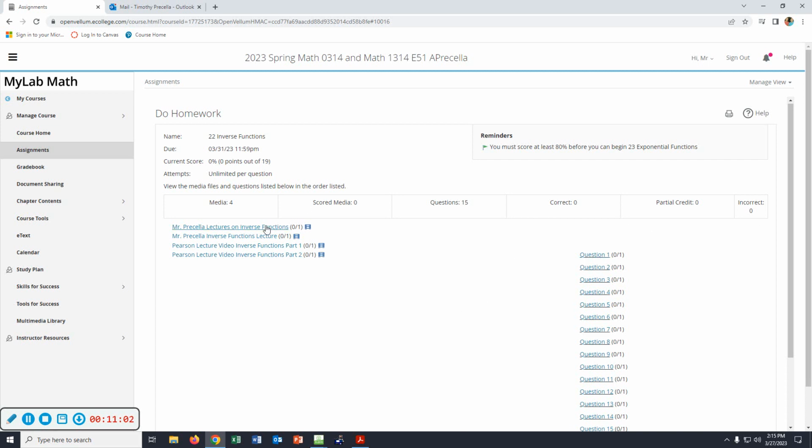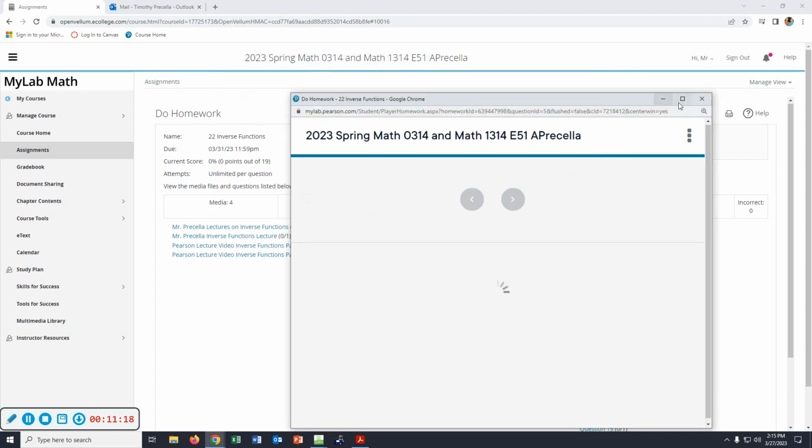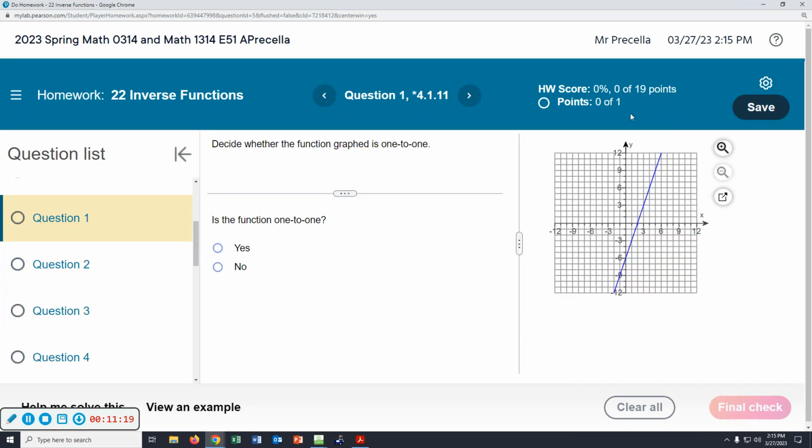I thought we had it set up so that you had to at least click the videos before you could go to the assignments. Sometimes we remembered to click that button, and apparently sometimes we forgot, okay? Well, let's just get started here. If you understand what I've been saying, these first few questions are going to go pretty painlessly. Is this function 1-to-1?